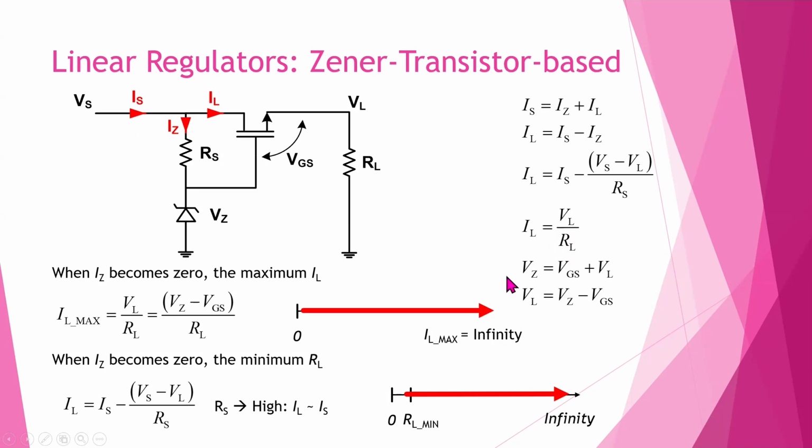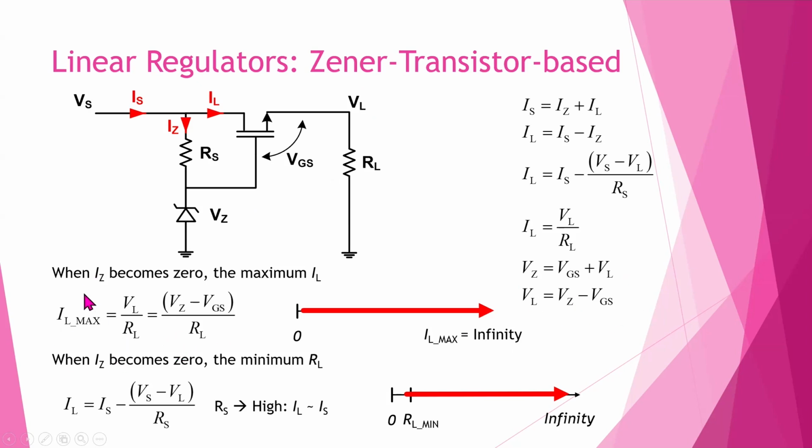But the special thing is, for this kind of regulator, we can write the expression for the VL using only the VZ and VGS. VGS means the voltage between the gate and source. So here is the expression: VZ equals VGS plus VL. So now we can get the expression for the VL, which is given by VZ minus VGS.